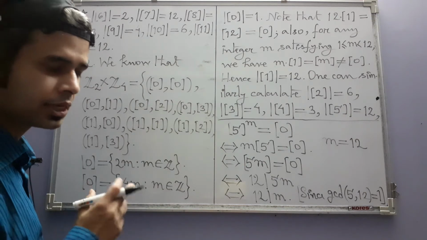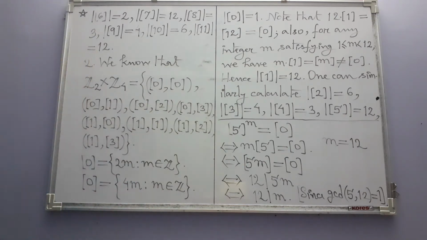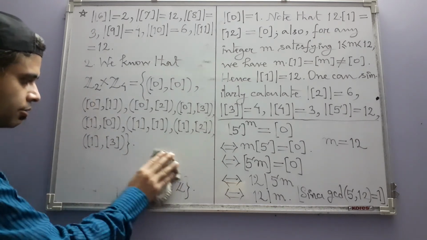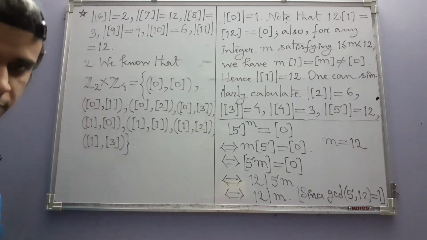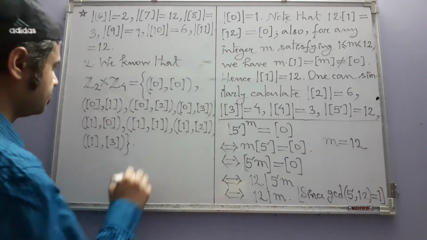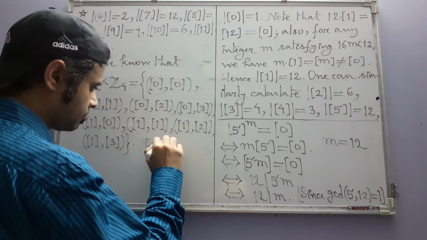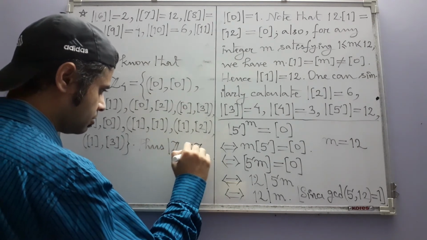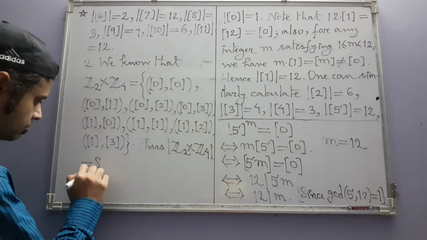So there will be no chance of confusion. That's why we use the same notation. Now here we can see that this group has 8 elements, so its order is 8. Thus the order of Z2 cross Z4 is 8.